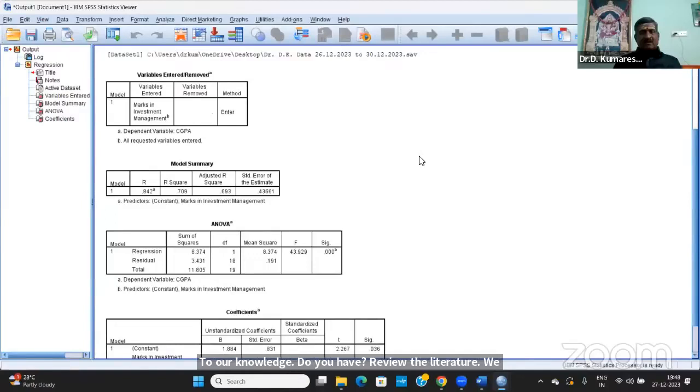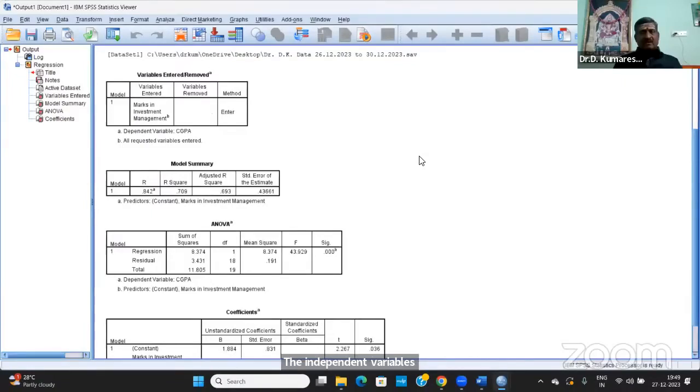With the advice of our research supervisor, we are selecting the variables. This is dependent, these are independent variables, based on literature review, expert opinion and research supervisor advice.